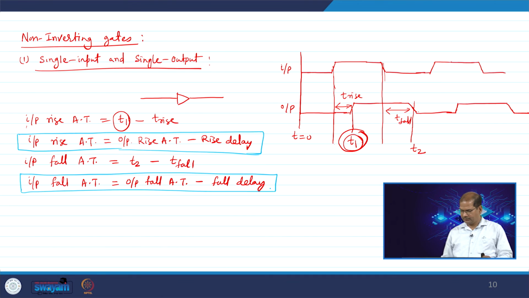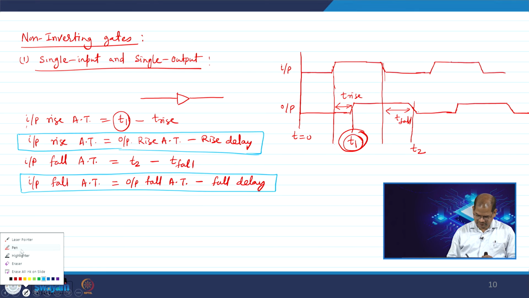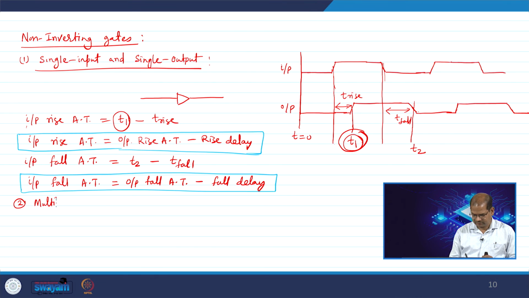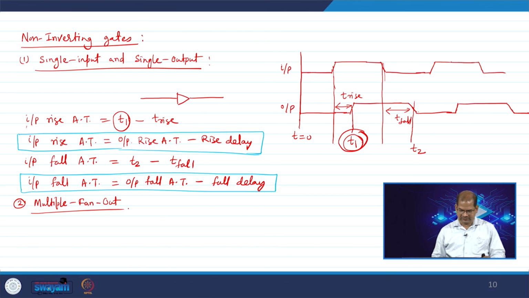Now, suppose the output node is driven by multiple paths. So, the second case, case 2, is multiple fan out. If you have multiple fan outs, then you have to take the minimum of those.